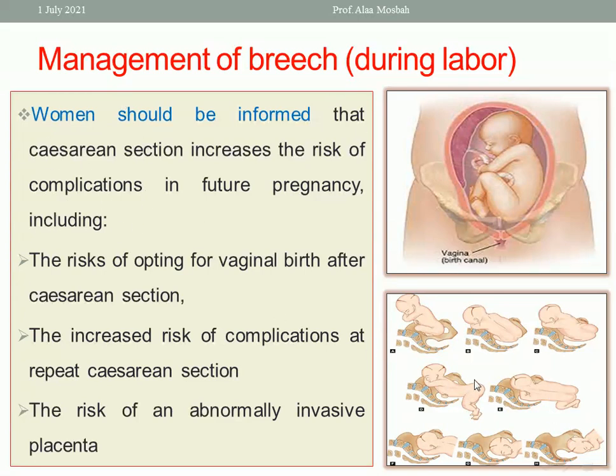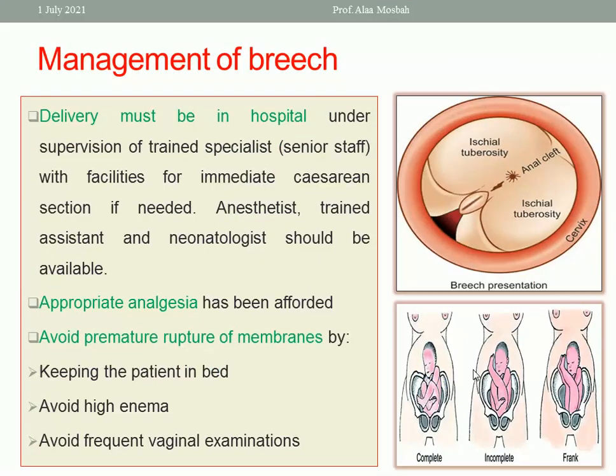Women should be informed that cesarean section increases the risk of complications in future pregnancy, like the risk of vaginal birth after cesarean, increased risk of complications at repeat cesarean, and the risk of abnormal invasive placenta, as we mentioned before. Delivery must be in a hospital under supervision of trained specialists, senior staff, with facilities for immediate cesarean section if needed.